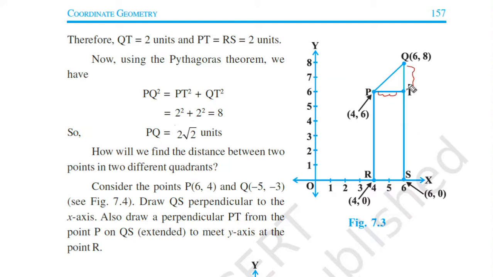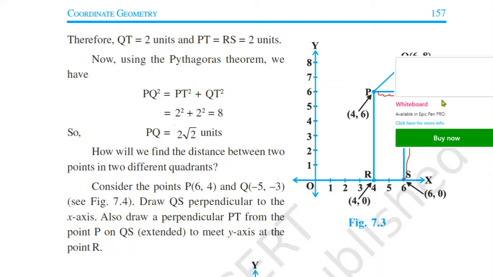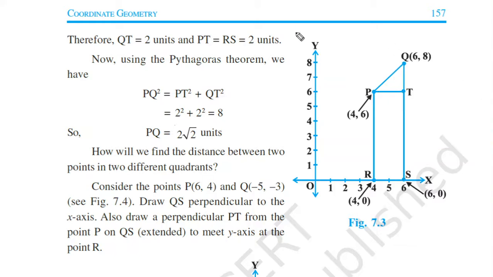Now, in order to get QT, let's see the length of QS first. You can clearly see this length. For this you can draw a dotted line here. It is touching the y-axis at 8, so the length of QS is equal to 8 units. Similarly, you find the length of TS.